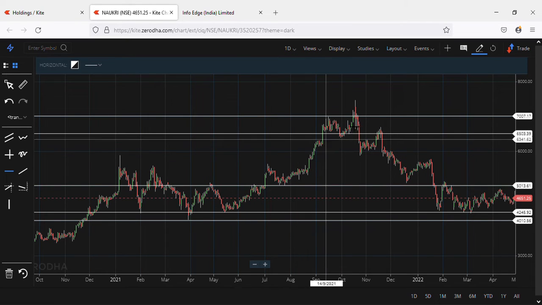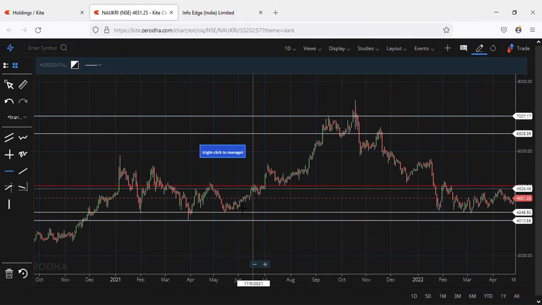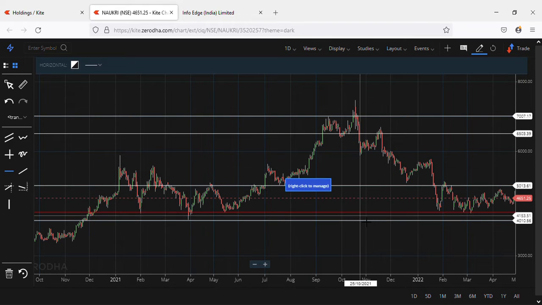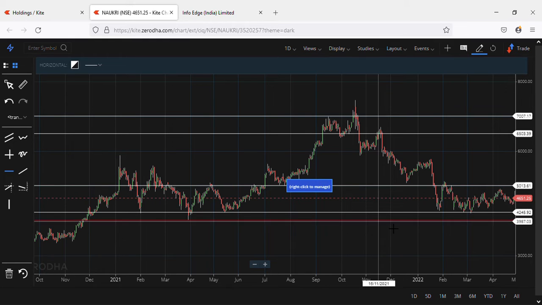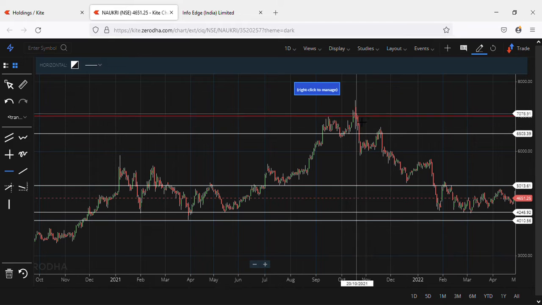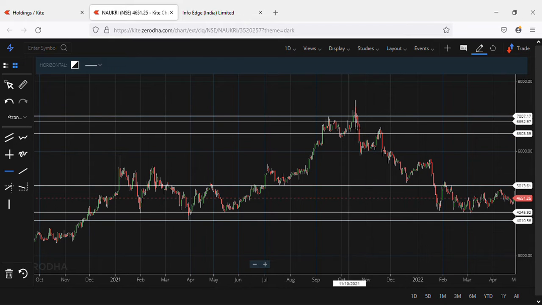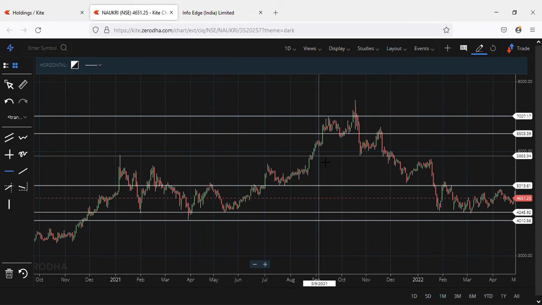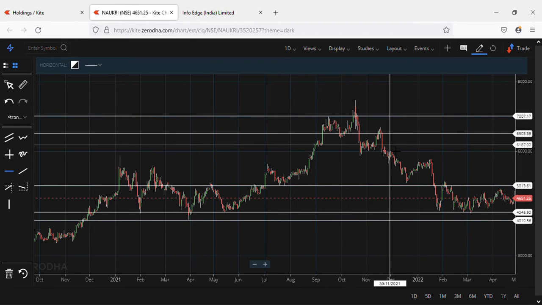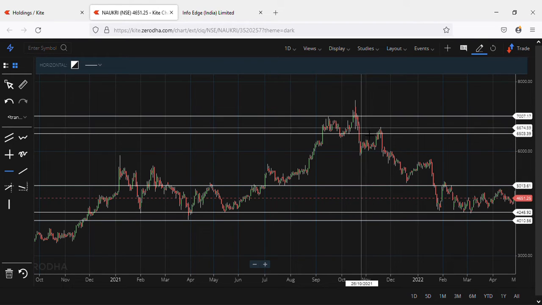But here retailers get greedy. So friends, in October, November, December, at one point they got results at this point. And on hope of good results, the stock moved very high, and again it fell here due to economic reasons also.